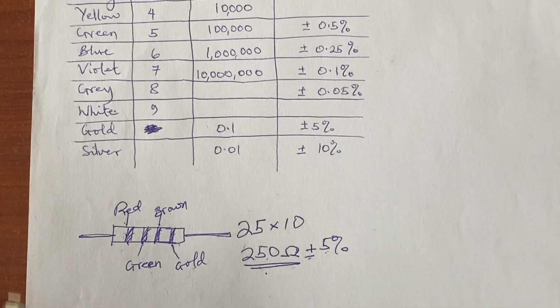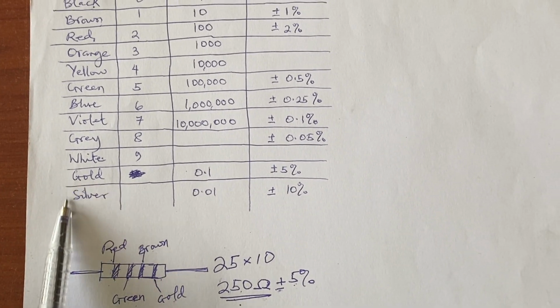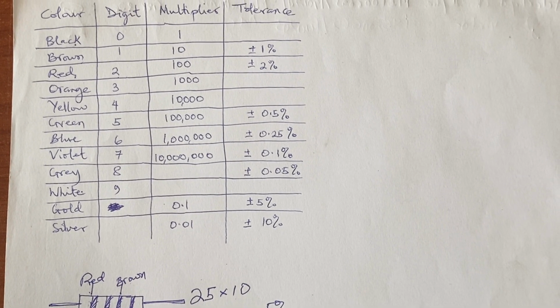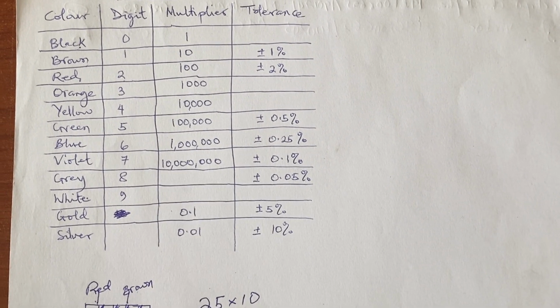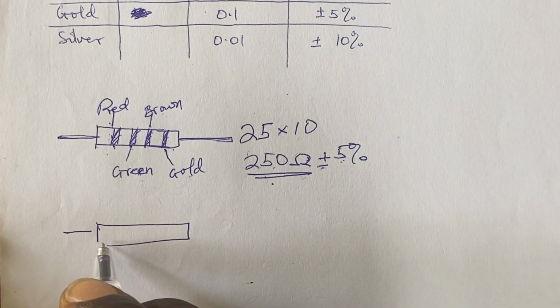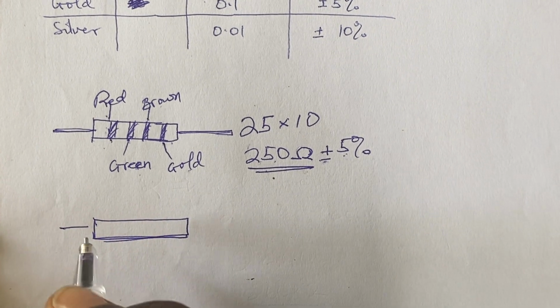I think that is enough for this example. Now let's go to another example where we are going to be engaging this secondary color as our multiplier. Look at this example. We have another resistor.